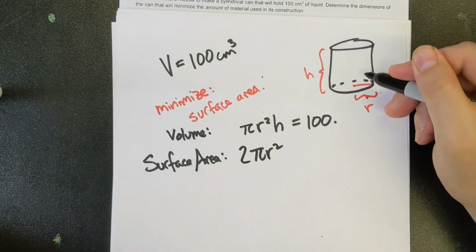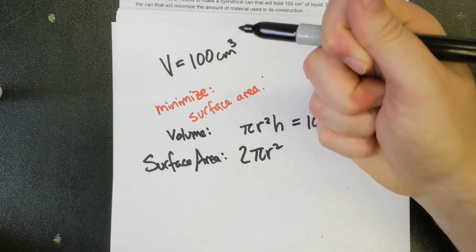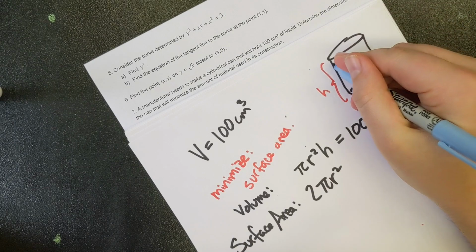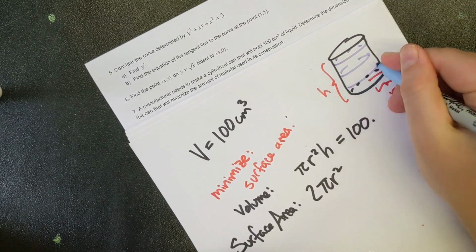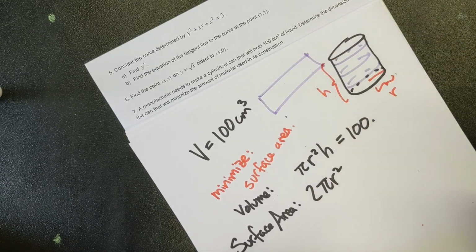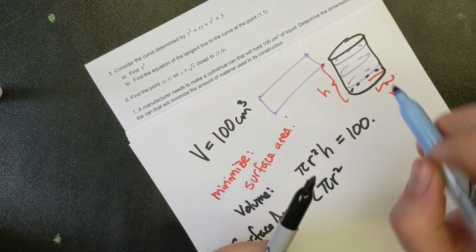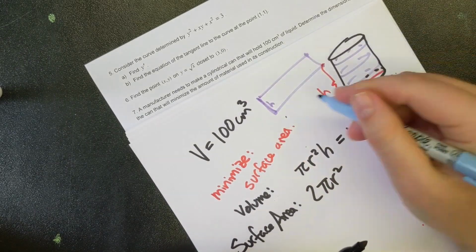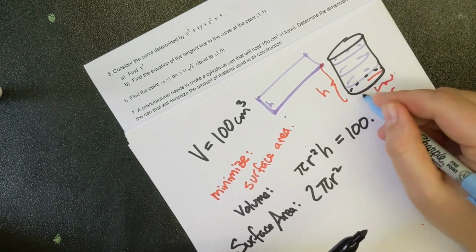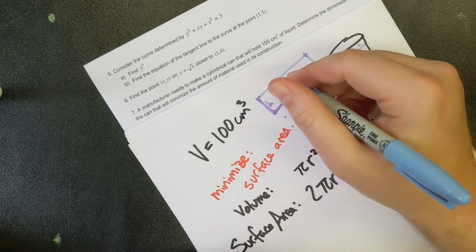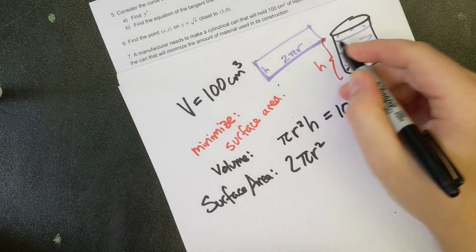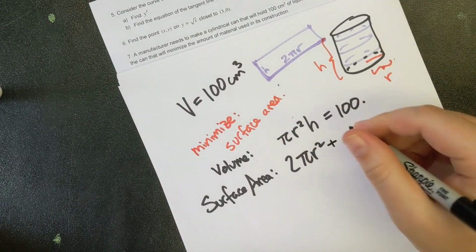But then there's the side of your can, which if you were to cut it off and unfold it, would be a rectangle that's h high, but then the length of the rectangle would be the circumference of your circle, because it wraps around the circle, which is 2 pi r. And so the area of this third piece is 2 pi r times h.